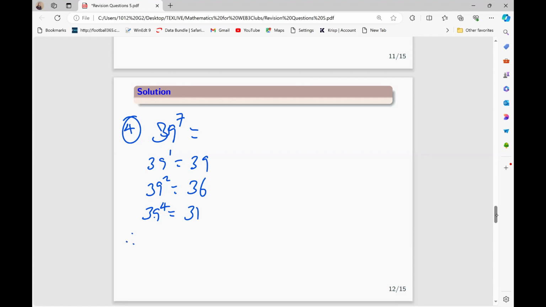So therefore, 39 raised to 7 is just 39 raised to 4, 39 raised to 2, 39 raised to 1, which is 31 times 36 times 39, and we are doing it mod 55.